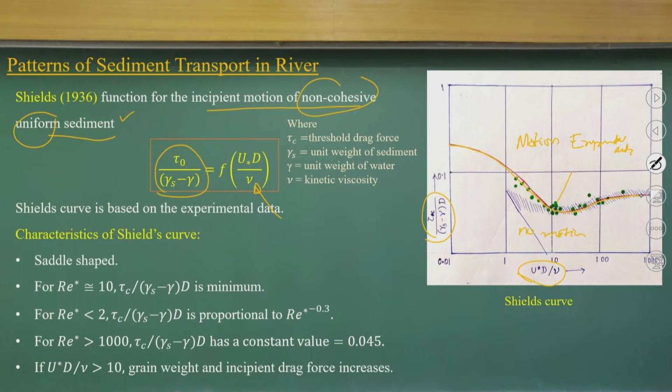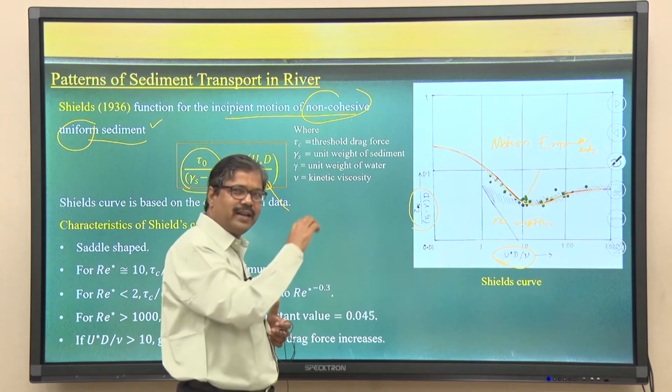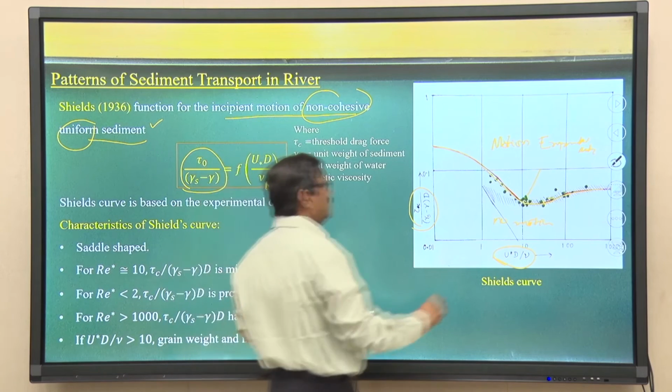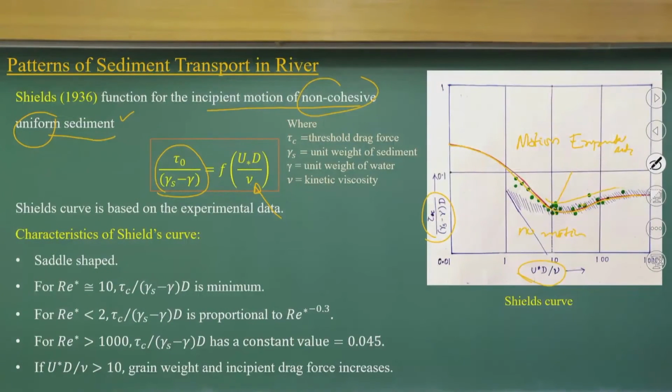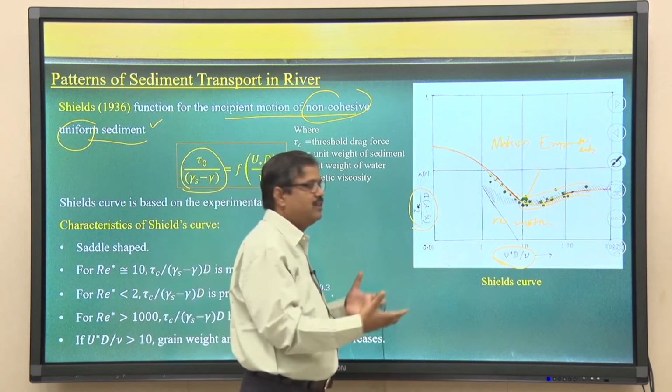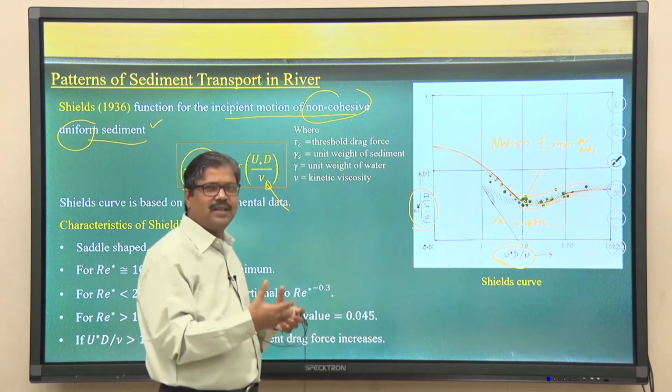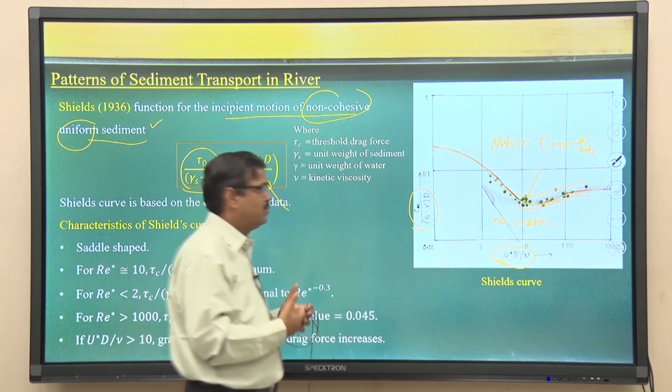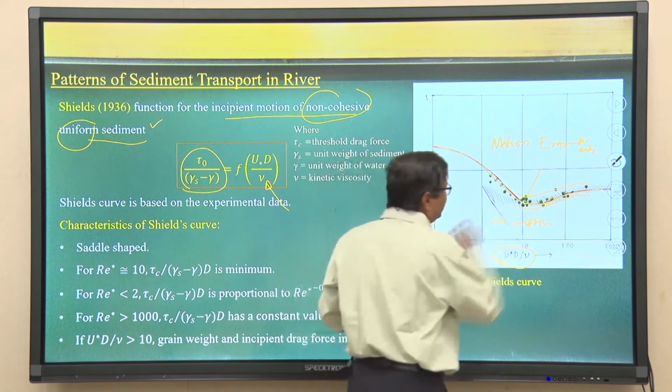It follows a saddle shape, and as these are experimental data and the process is complex and stochastic, you will not take a single value but a data range, because of the uncertainty involved in the experiment, in the data collection, and in the process itself, where we are not looking at details at the particle level.